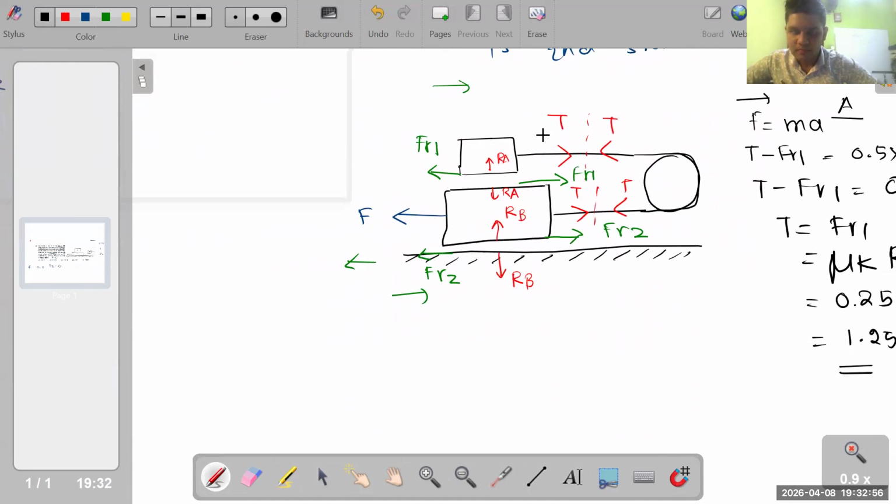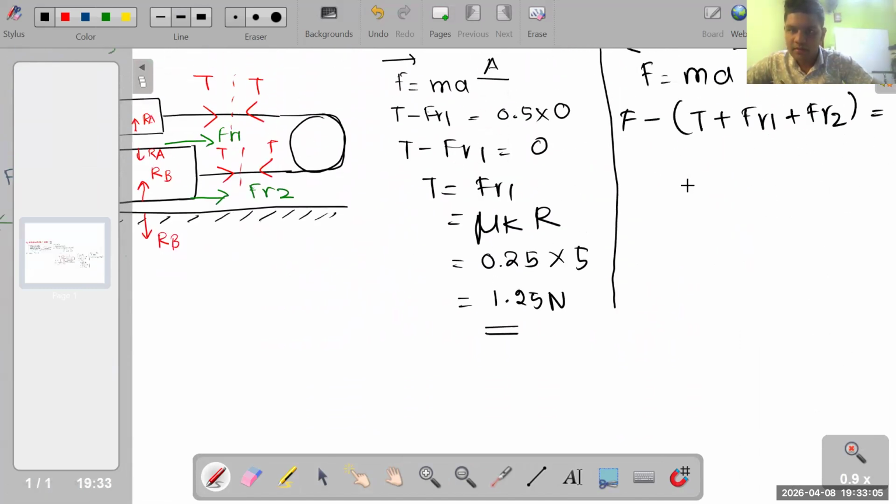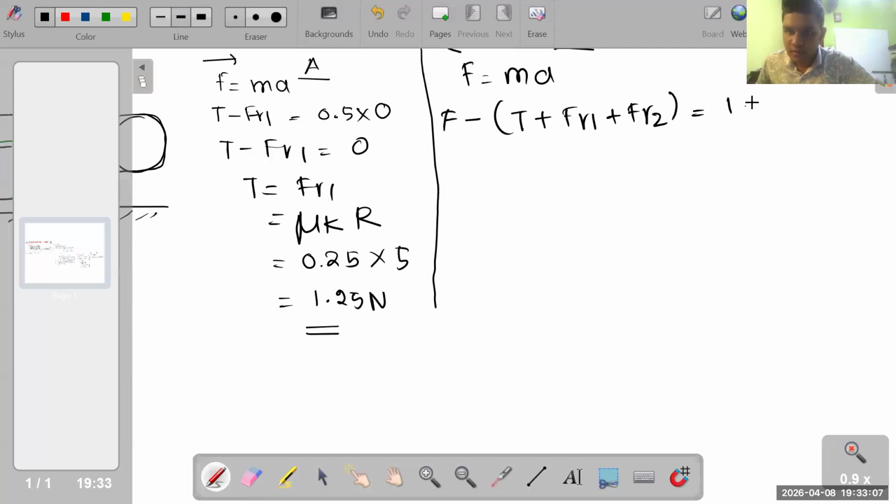The mass of the top weight also would be included, which means 0.5 plus 1, 1.5 kilograms. What is acceleration? As they have mentioned, it will be moving at constant velocity, so acceleration would be 0. Similarly, as I did here, I can take the complete negative vectors onto this direction. So it will be F equals T plus Fr1 plus Fr2.